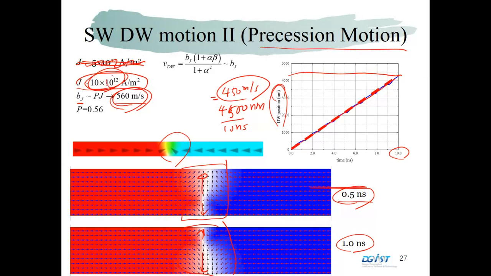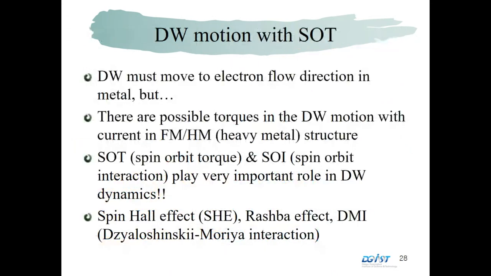So we have to reduce the current density. But as we already mentioned, the domain velocity is proportional to the current density, and if we reduce the current density, we obtain a smaller velocity. What's the solution?